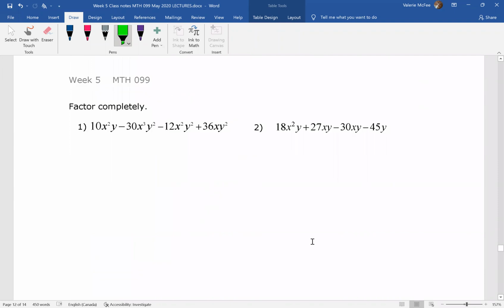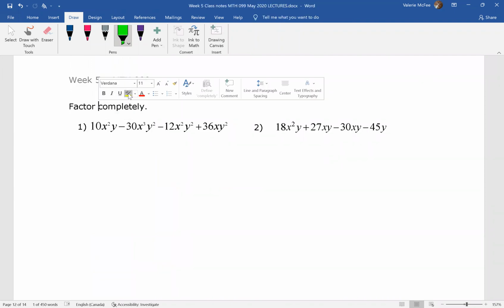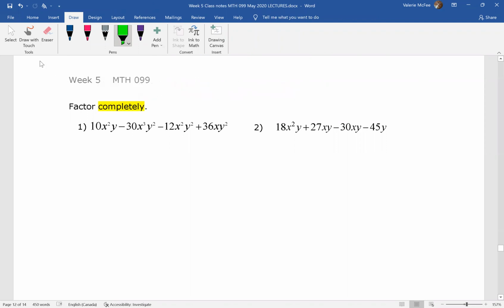Now, sometimes you're going to note in Pearson that you're asked to factor completely. This is important because it usually is reminding you that you should look for a greatest common factor. So when I look at question 1, I see that 2 is common in 10, 30, negative 12, and 36.